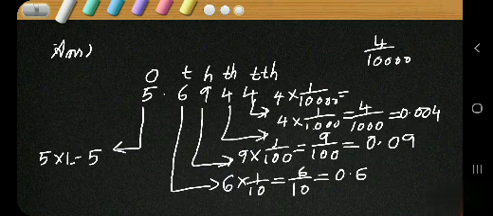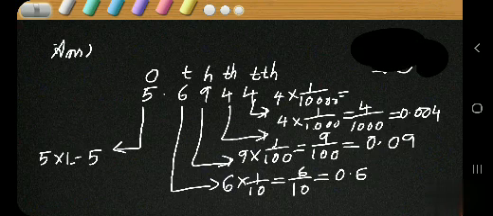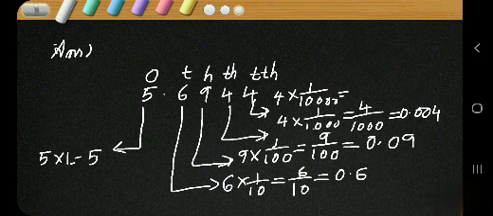Yes, in 10,000 there are 4 zeros, so 4 decimal places. But we have been given only one digit 4 here. So for the rest of the 3 places, we have to put zeros. 1, 2, 3. Point. So 0.0004 is the answer. Instead of 4 by 10,000, we can write 0.0004. Okay, this is the answer of the question.